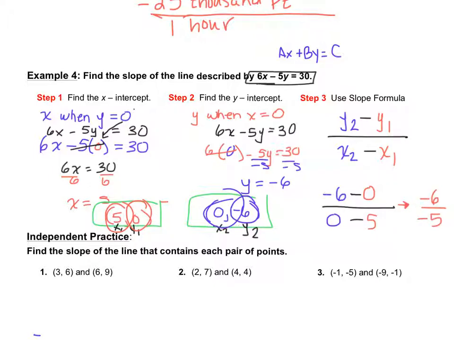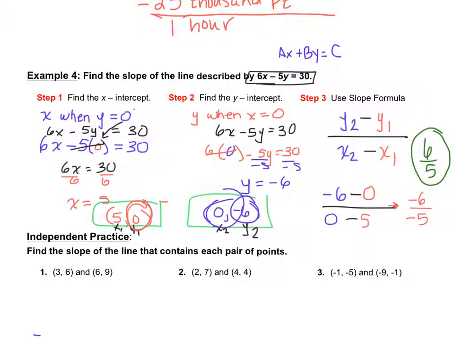And negative 6 over negative 5 becomes positive 6 fifths. So the slope is 6 fifths. And you leave it as a fraction, not as a mixed number, because you want to be able to see the change of y over the change of x.